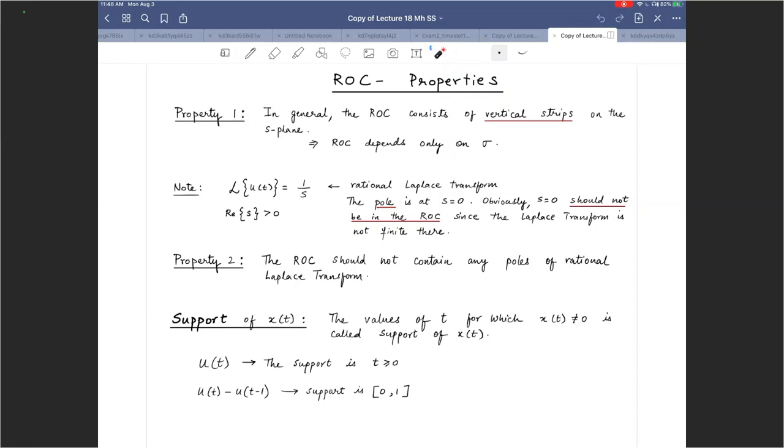For u of t minus u of t minus 1, the support is bounded on both sides, by 0 and 1, because the gate opens at 0 and closes at 1.